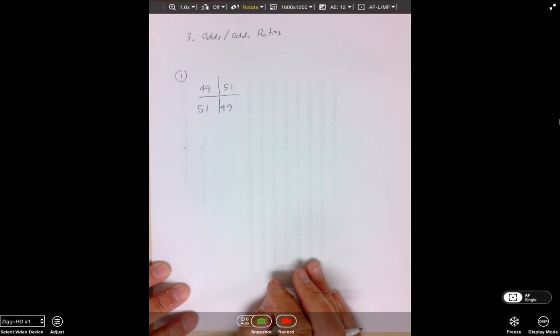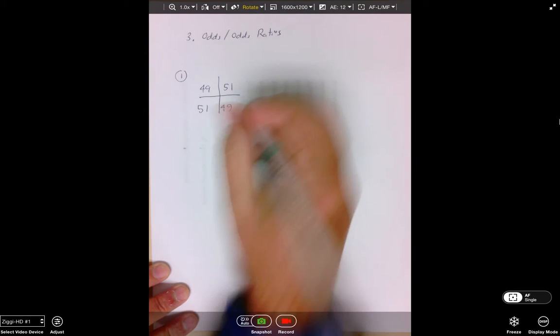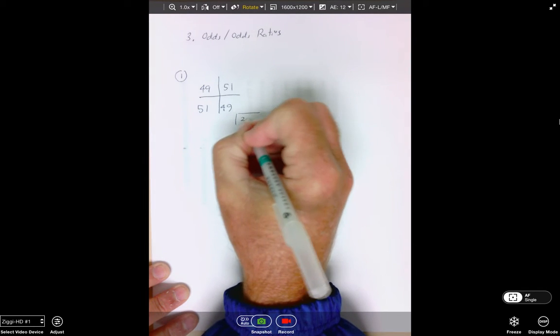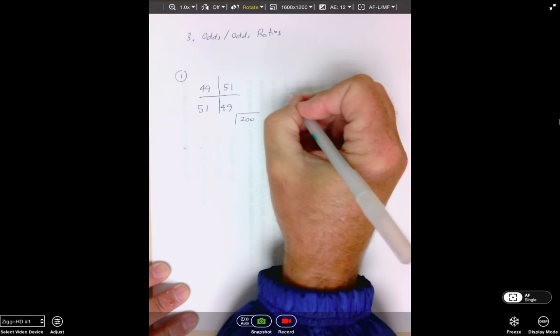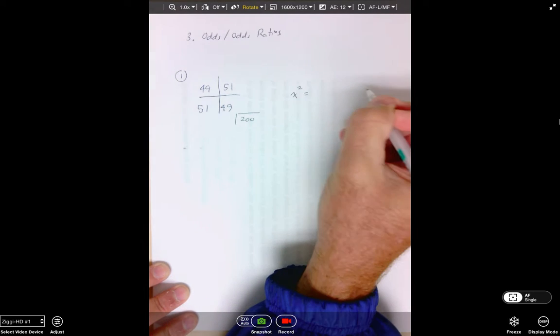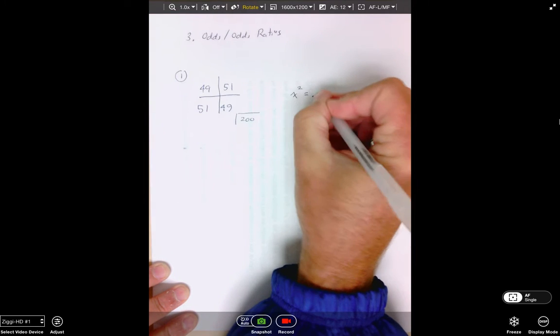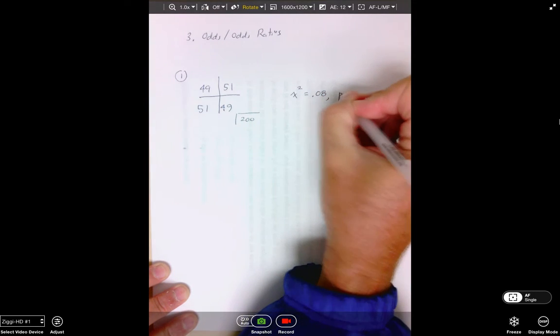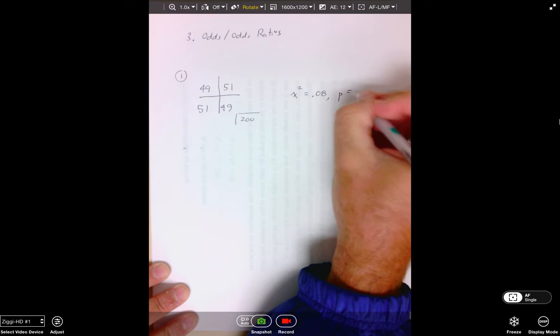These numbers, all right? So I've got a sample size of 200, and I ran the chi-square on this, and the chi-square statistic on this was about 0.08, and the p-value was very high.